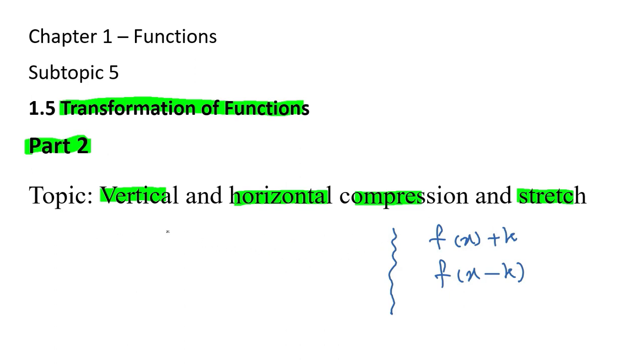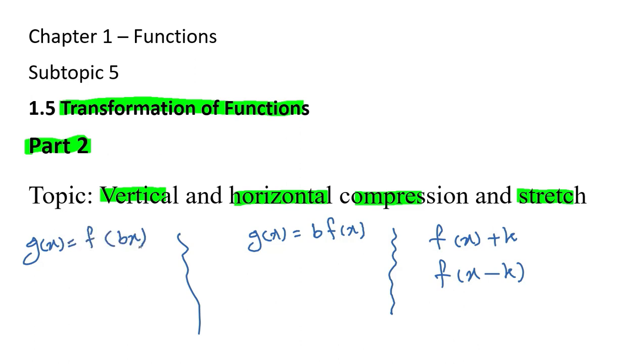For example, g of x is equal to b f of x, or g of x is equal to f of bx. In this case we have compression and stretch.